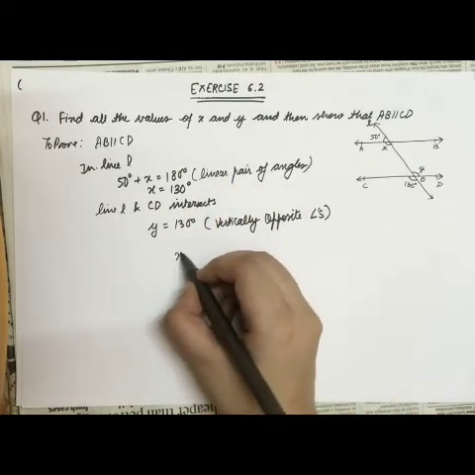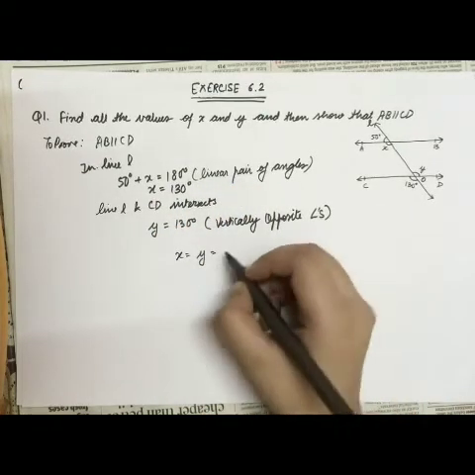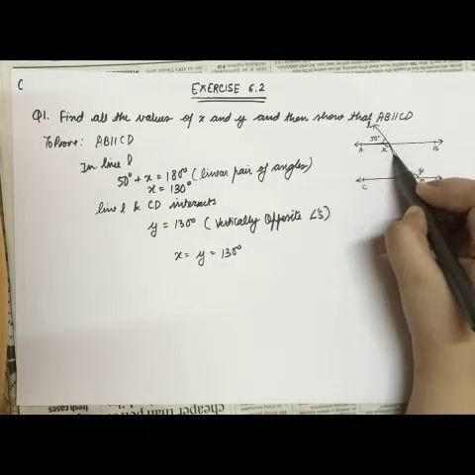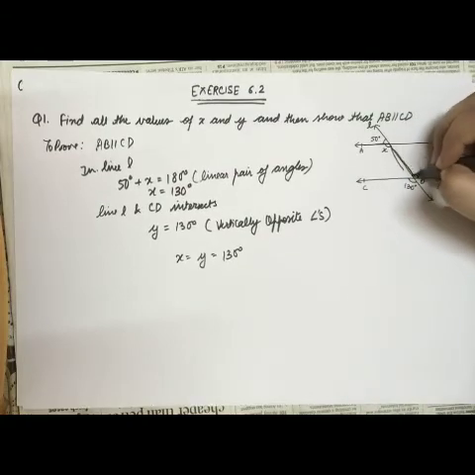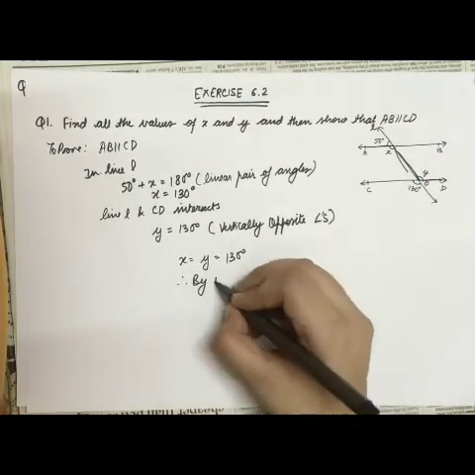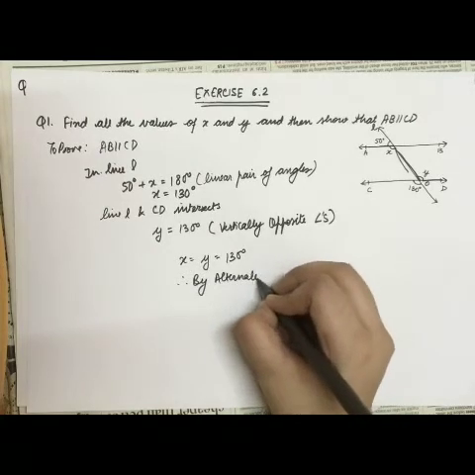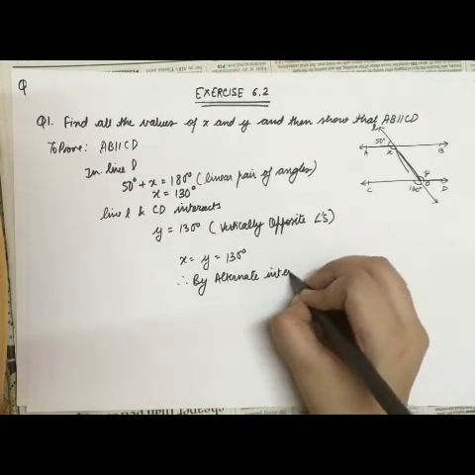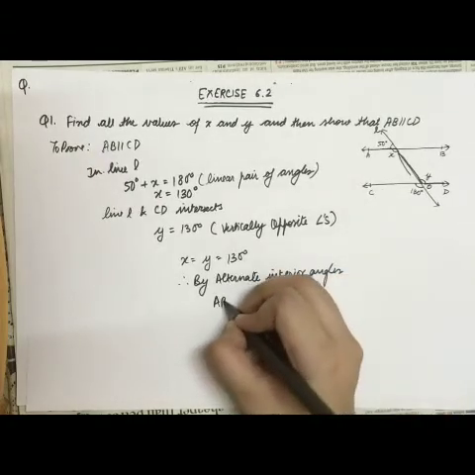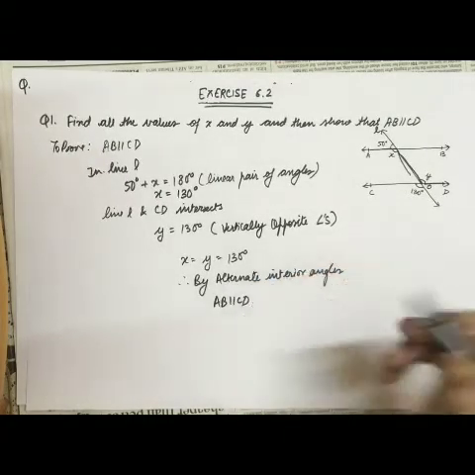Now we can see that x is equal to y is equal to 130 degree. Therefore, by alternate interior angles, as they form Z, AB is parallel to CD.